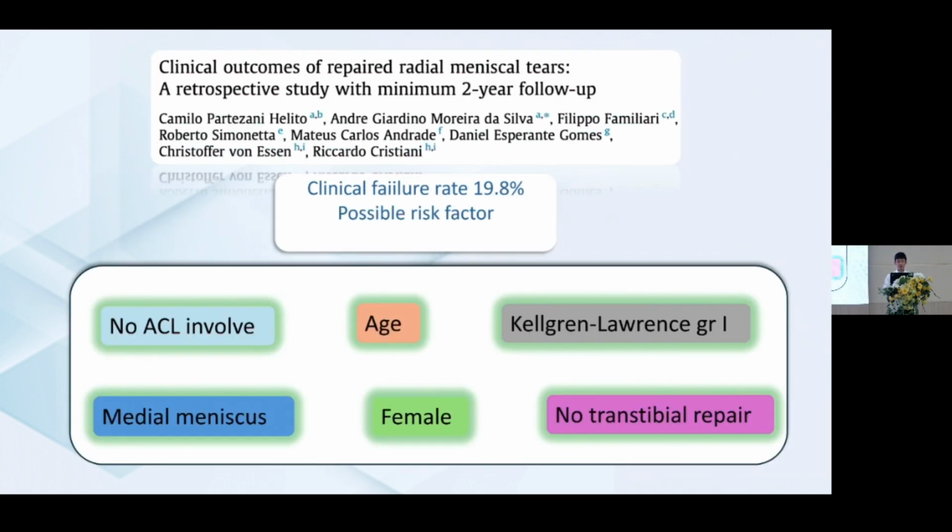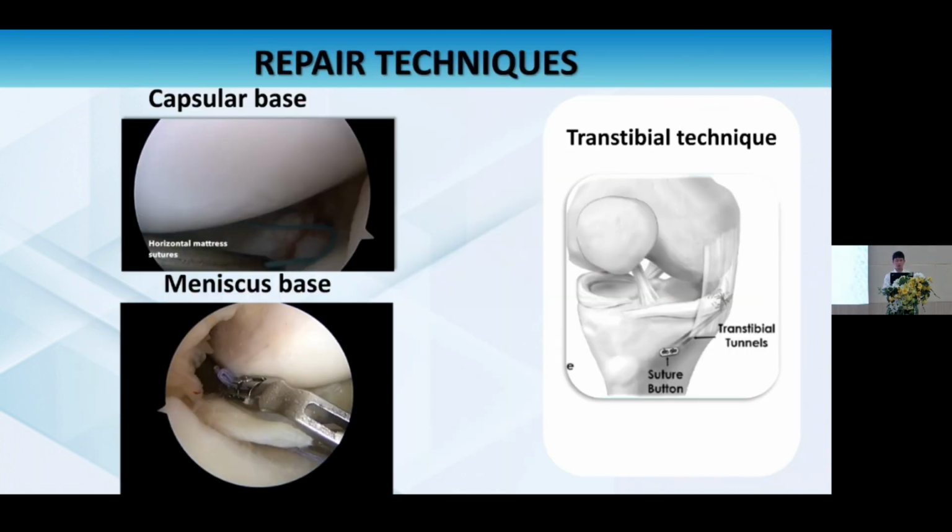The possible risk factors are no ACL involvement, older age, Kellgren-Lawrence grade 1 OA, tear located in the medial meniscus, female sex, and techniques that do not use transtibial repair. So which technique should be used to overcome this problem?